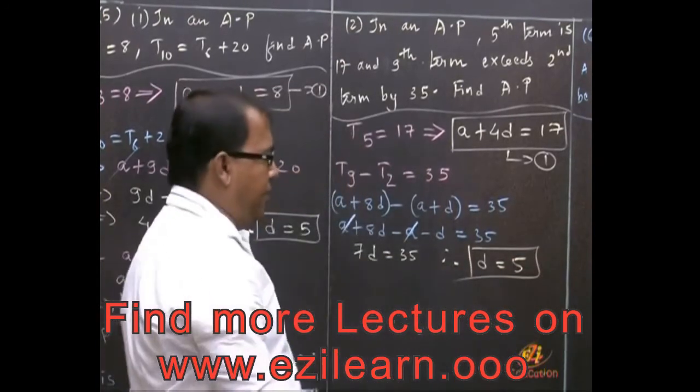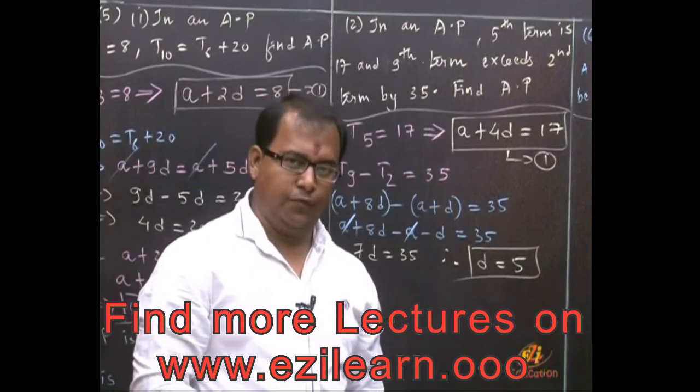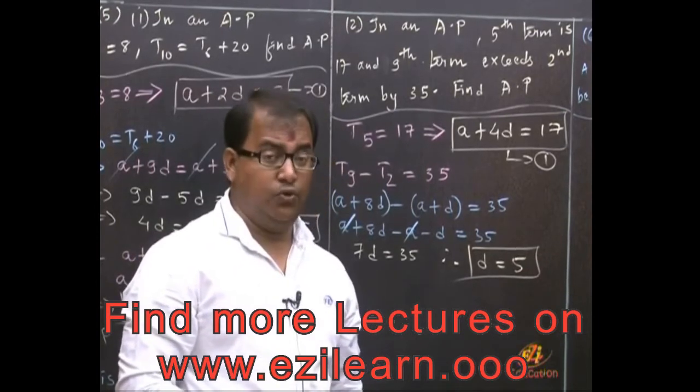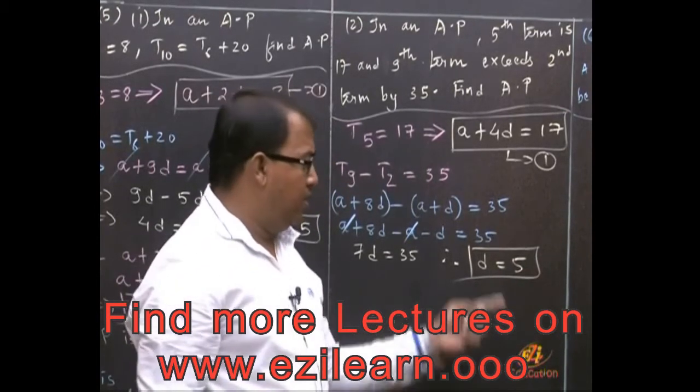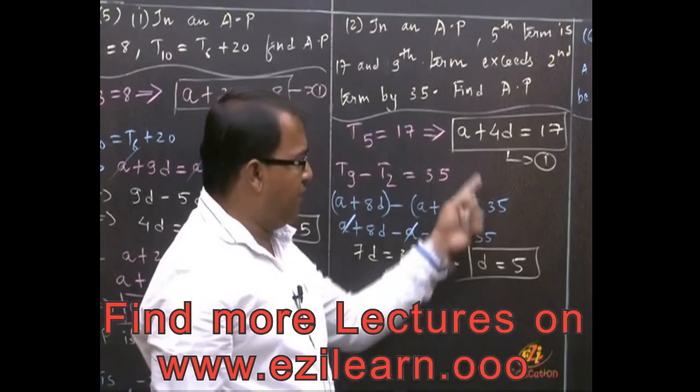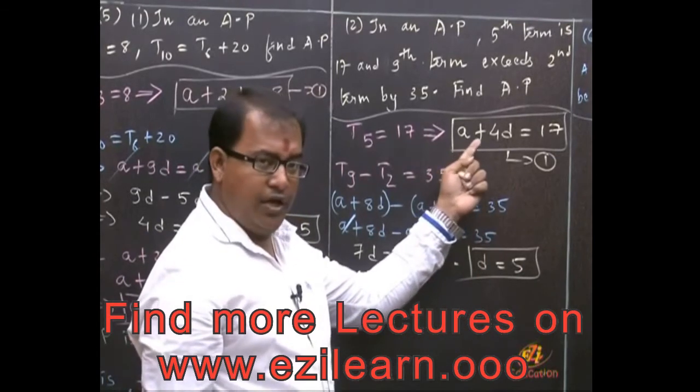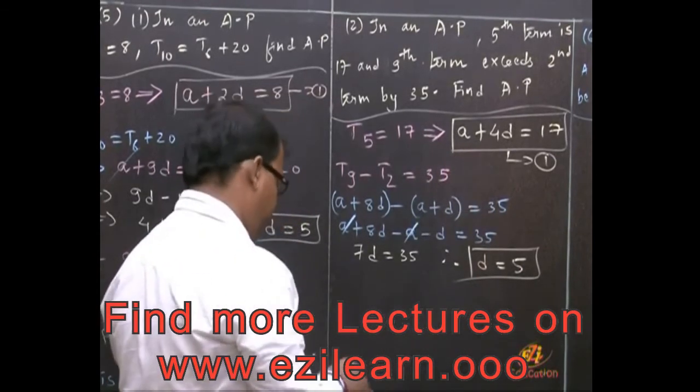As soon as you obtain D, you have to put this D in some equation to get A. Put this value of D, 5, in equation 1 over here.